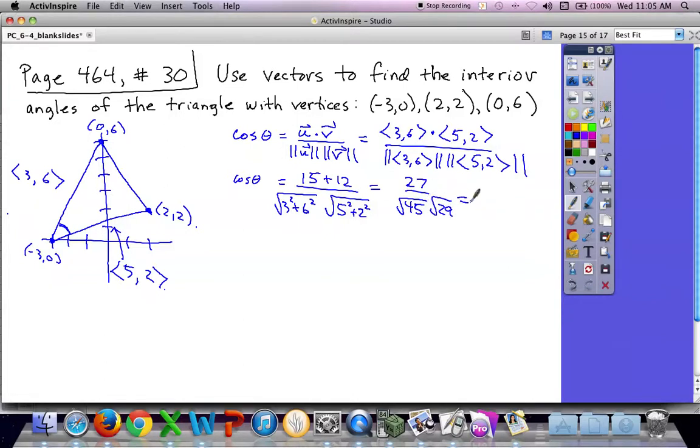So turn all that into a decimal: 27 divided by the square root of 45 divided by the square root of 29 is 0.7474. So theta equals cosine inverse, 41.6 degrees.